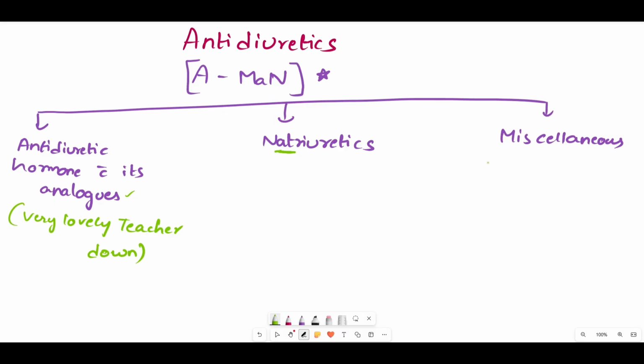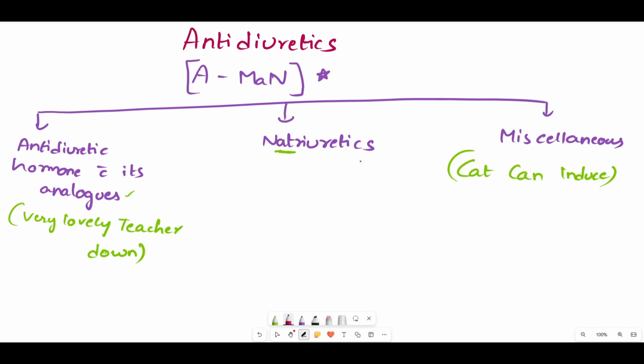And for miscellaneous, remember the sentence cat can induce. Cat can induce. So in antidiuretic hormone with analogues, remember the trick as very lovely down teacher or very lovely teacher down. For natriuretics, remember it as AT. For miscellaneous, remember it as cat can induce. Now let's try to see the examples under this.